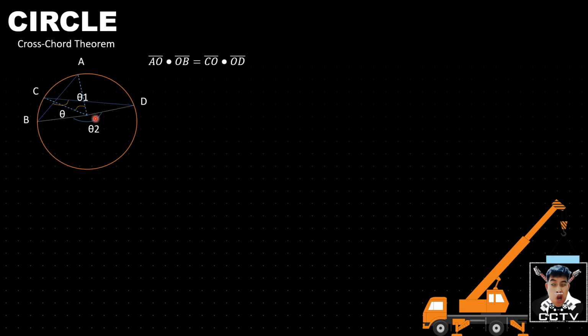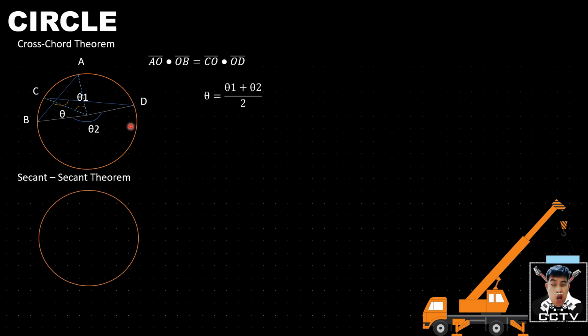A to center times B to center is equals to C to center and D to center. Ganun lang yung formula. And theta is theta 1 plus theta 2 divided by 2. Makuha mo yung theta.